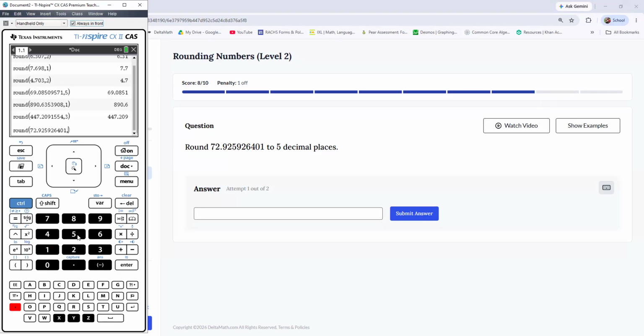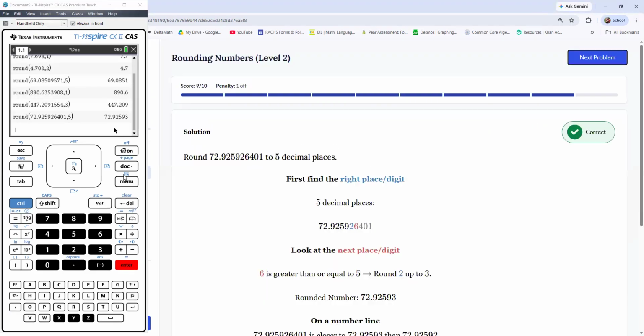And they're telling us 5 decimal places, so we put a 5 in. That's our answer, 72.92593. Press enter. Nice. Okay, we're done.